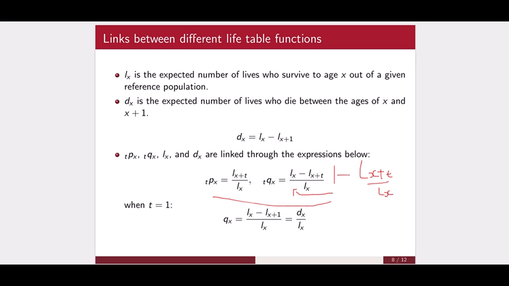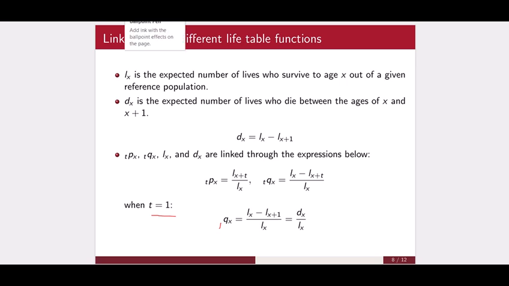Now take note, when t is equal to 1, we do not need to write 1qx or 1px. We would just need to write qx or px. So in this case, where we've been given that qx is equal to Lx minus Lx plus t over Lx, where there's a t, we replace it with a duration of 1.